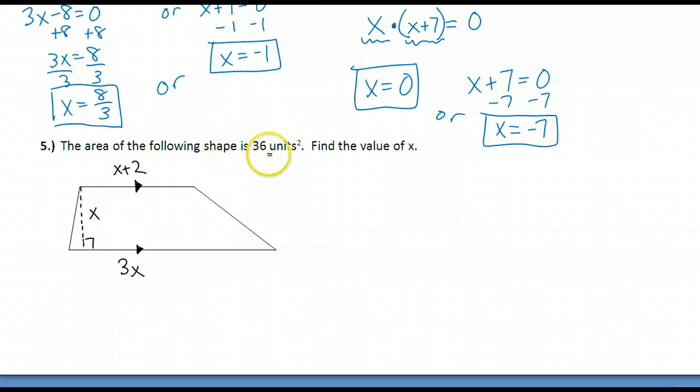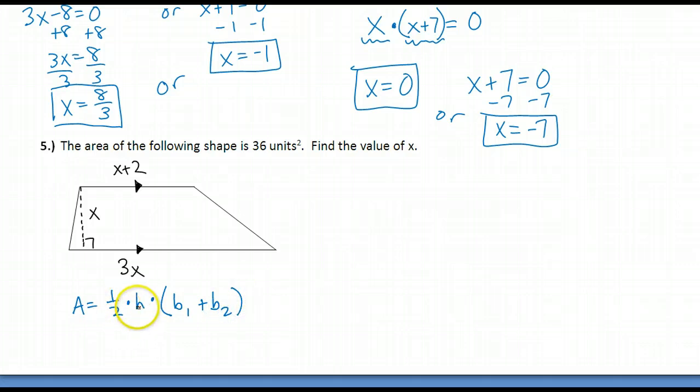The last problem we're going to go over. The area of this shape is 36 units squared. Find the value of x. Well, this shape is a trapezoid. And the area of a trapezoid is 1/2 times the height times base 1 plus base 2.